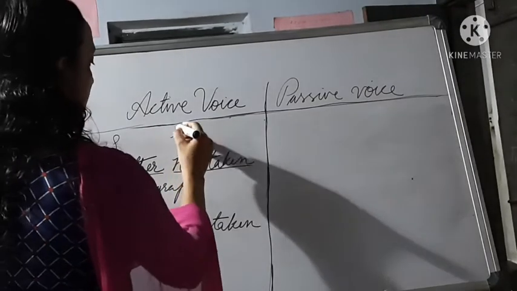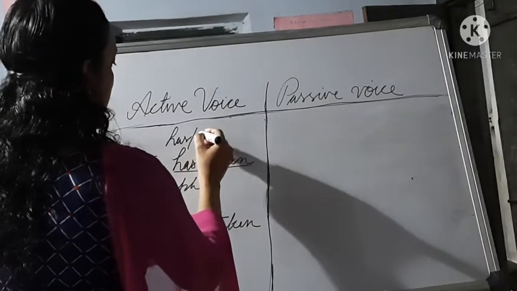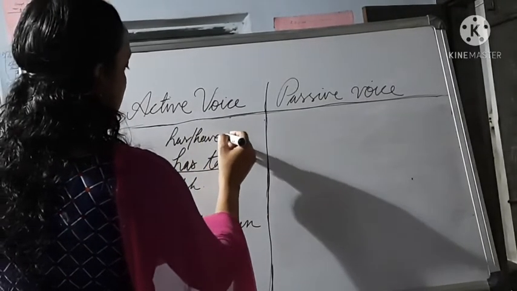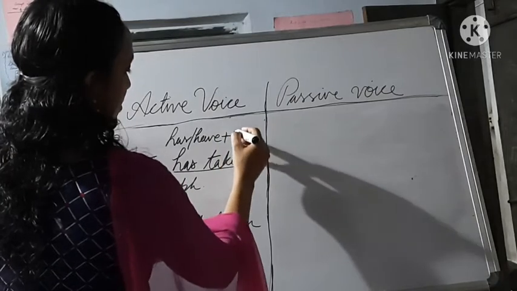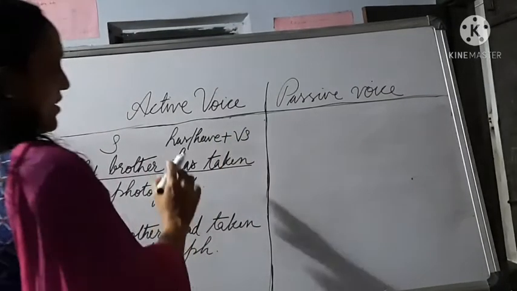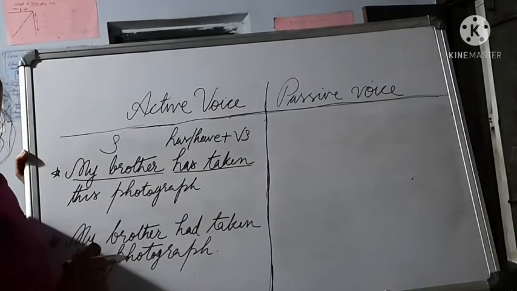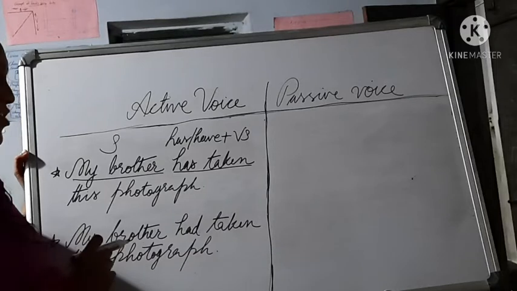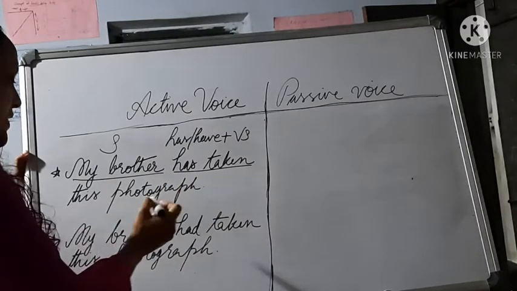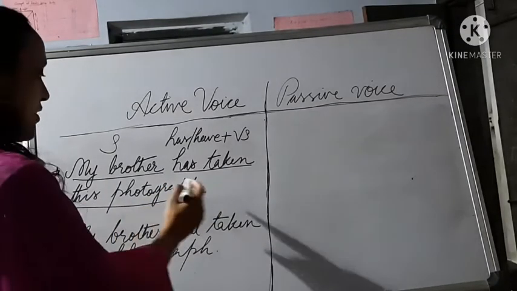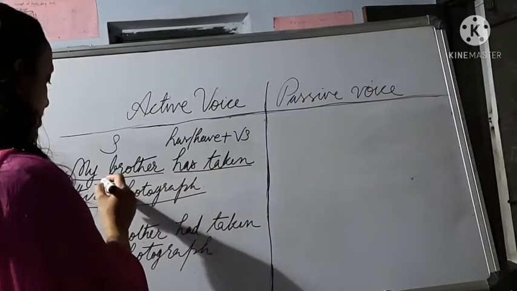So what is the rule? Has or have plus taken in V3 form. That is the rule for present perfect. So has taken, and this photograph is the object.